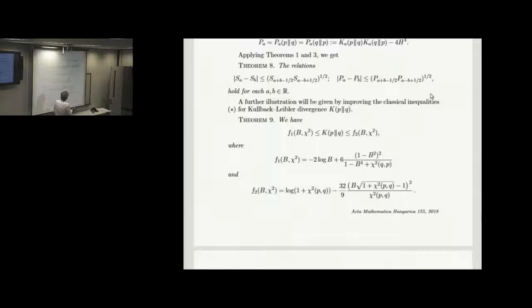It was known before that K is greater than this, minus 2 logarithm of this. But now, because we know of this above, we put this positive remaining, you see.